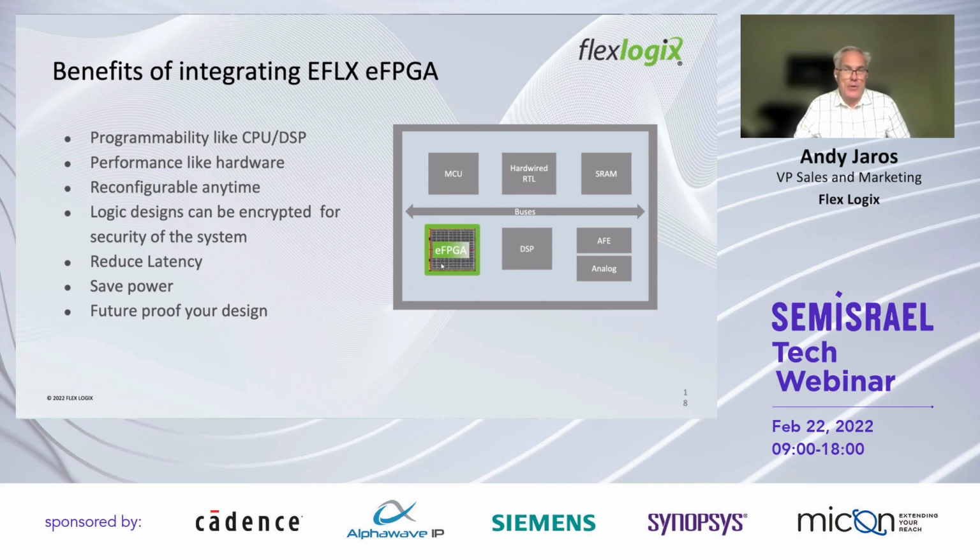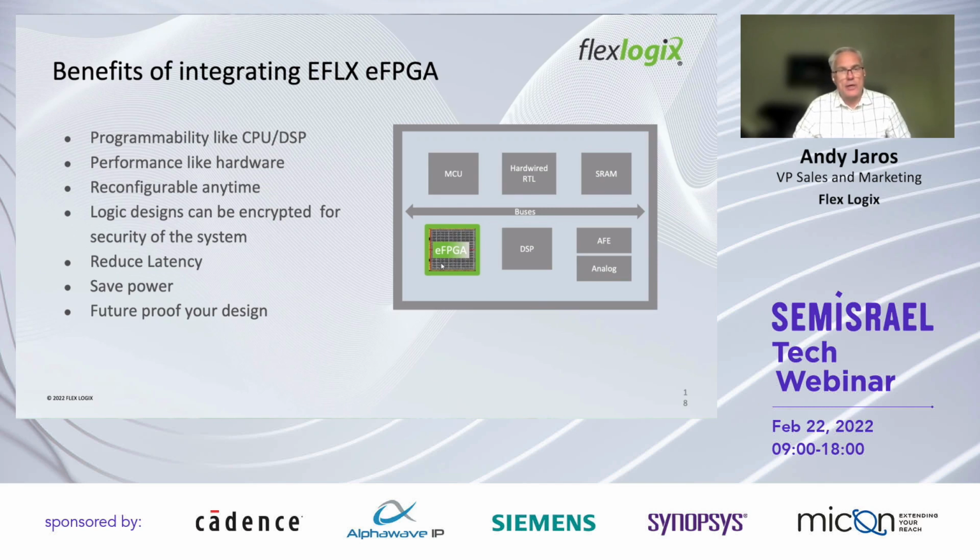Yet you also save power and provide future flexibility and the ability to upgrade your chip in the future. This saves total system power, and saving total system power is one of the important benefits.